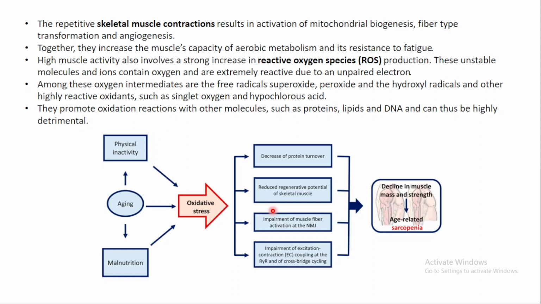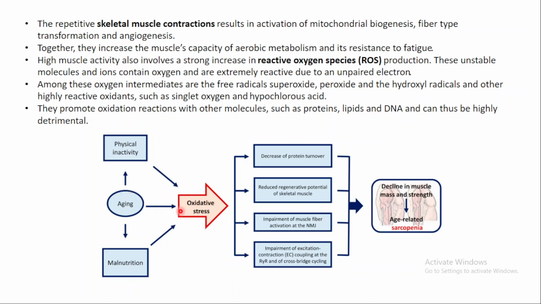So muscle fiber activation at the neuromuscular junction will be slowed down. There is also impairment of excitation contraction coupling and of cross bridge cycling. So these are all phenomena leading to muscle contraction and strength of the muscle due to cross bridging of different muscle cells. There can be increased strength, but it decreases with aging.